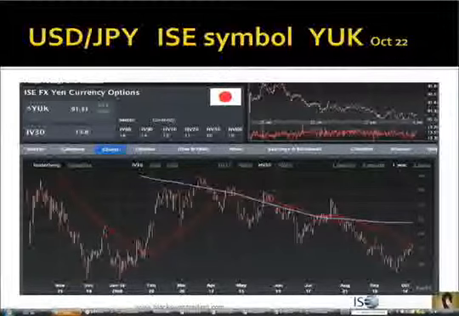So if you're looking to play a dollar rally, you'd be looking at calls or call spreads, maybe selling some puts.